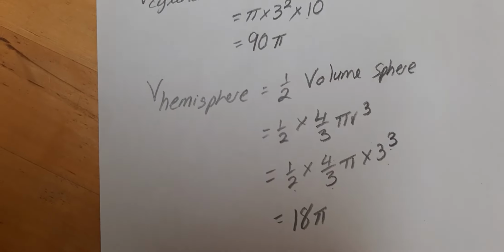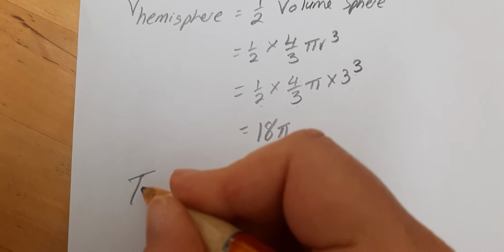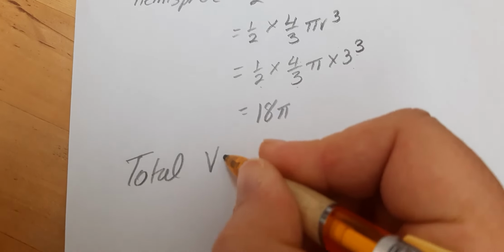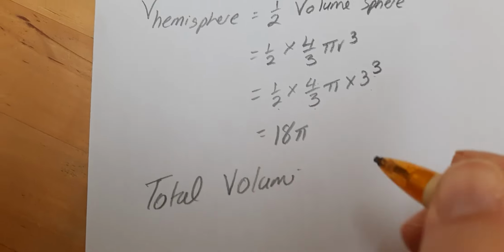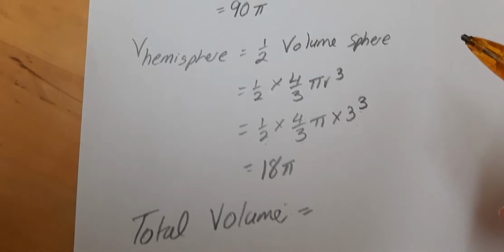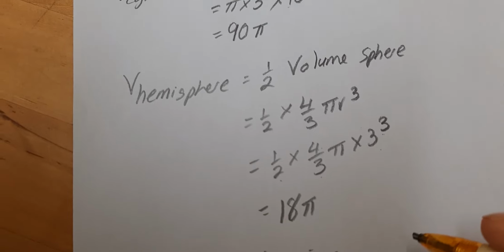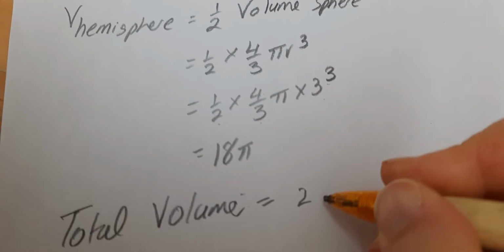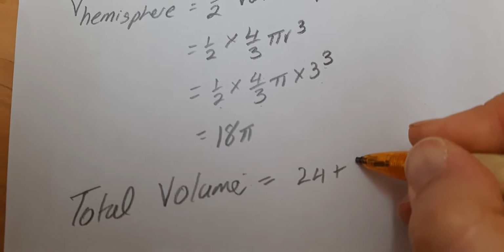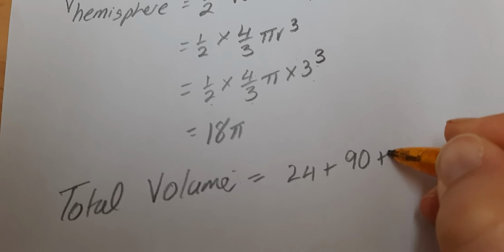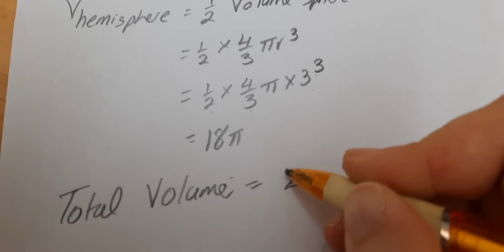Now the total volume will be the addition of all those three. So total volume will be 24 pi plus 90 pi plus 18 pi. So I can just actually say 24 plus 90 plus 18 pi.